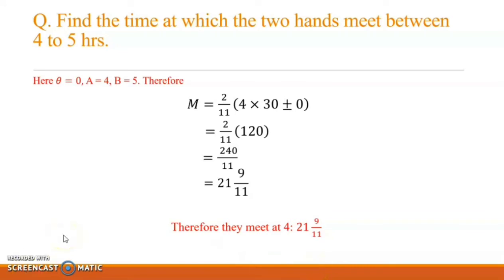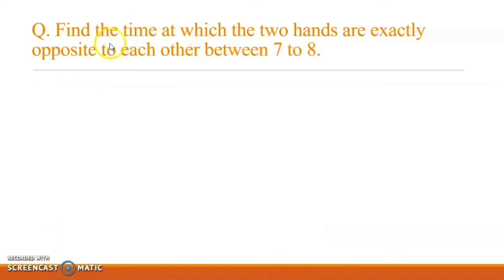Let us look at another example. We are supposed to find the time at which the two hands are exactly opposite to each other between 7 to 8. Here, in order to use that formula, we need to identify A and theta. If you look at this problem, A is 7 and B is 8. And what is theta?